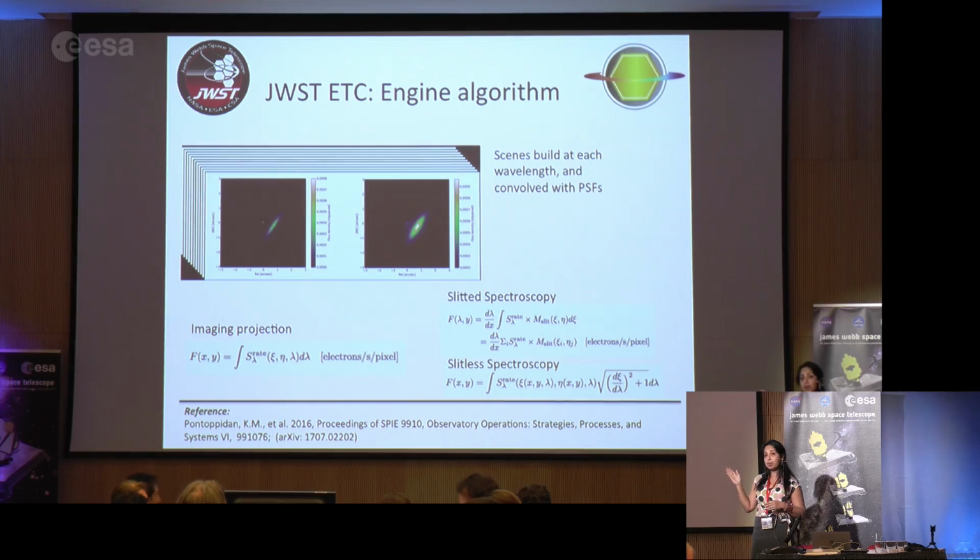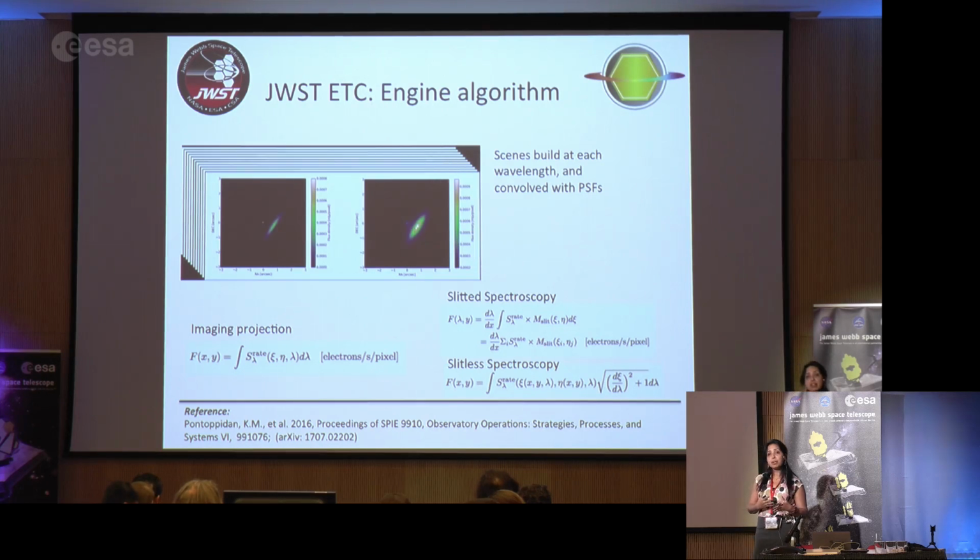If it's slit spectroscopy, then you try to simplify the process by only considering part of the scene. You're creating a stamp-sized scene, about tens of arcseconds on the side, but then you restrict the region that you're observing because you only need to consider what's getting into the slit. That is done using a slit mask function, shown here as mslit, and then you see how the light from that is dispersed using the dispersion function.